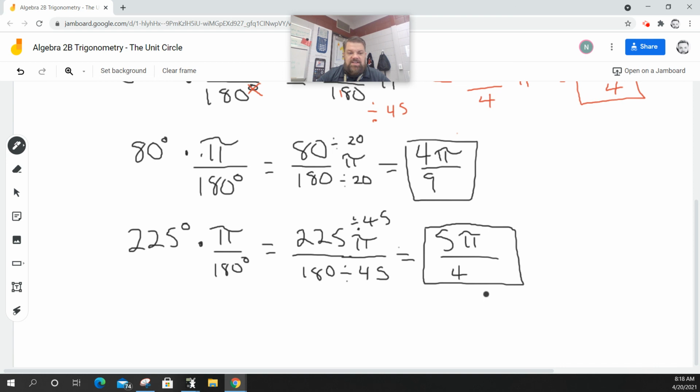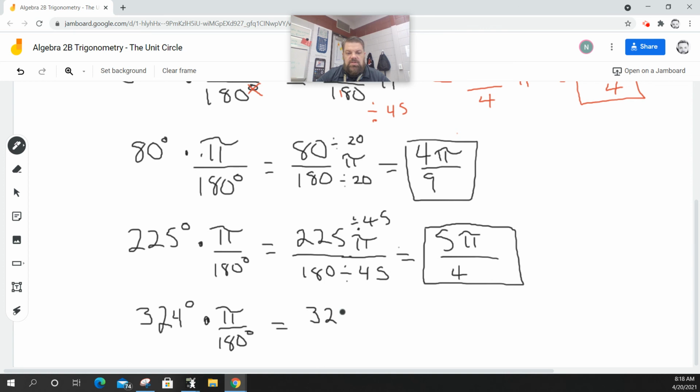This last one's a little tricky. We've got 324 degrees. Same conversion ratio times pi over 180 degrees. The degrees cancel.